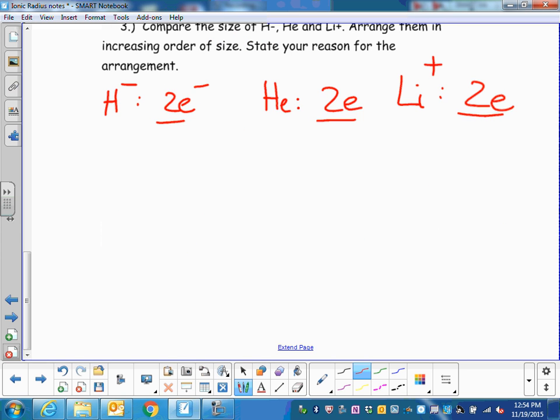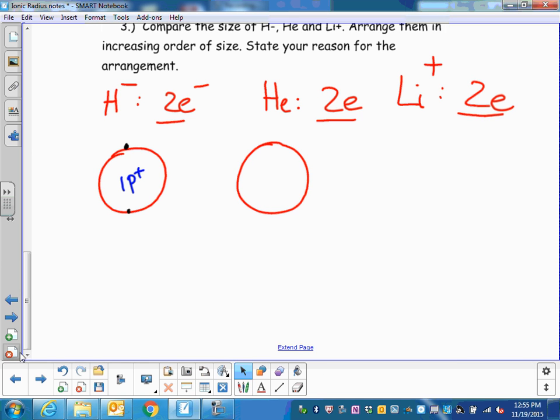Let's look at hydrogen. Hydrogen only has 1 circle, correct? Only 1 circle. How many protons does hydrogen have? 1 proton in the middle. Right? Now there are 2 electrons. 1 proton is attracting how many electrons? It's minus, so how many are there? 2. Helium has only one ring, but how many protons does it have? 2 protons.